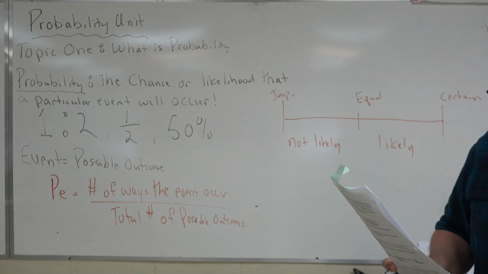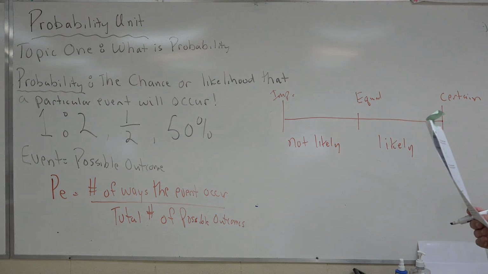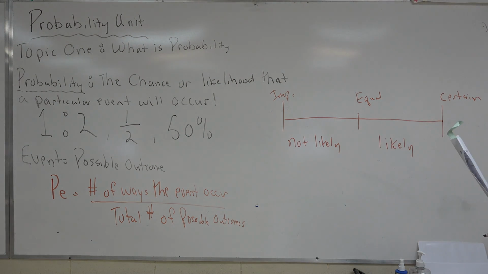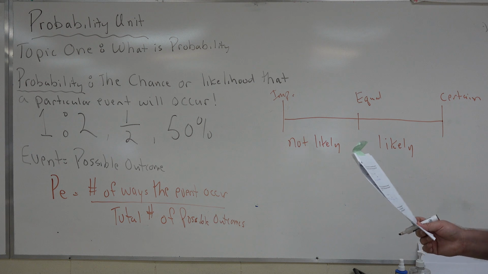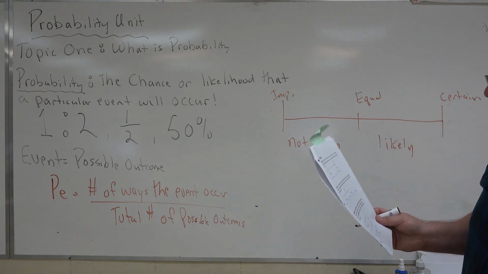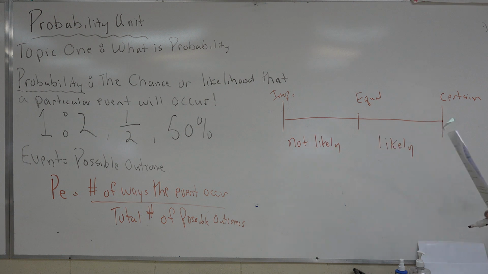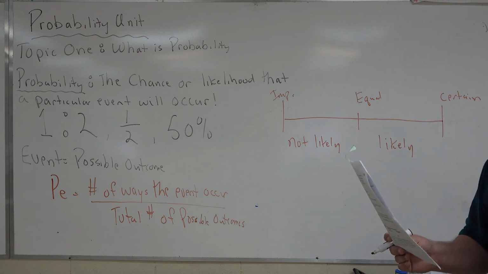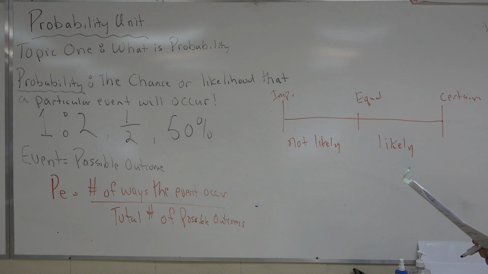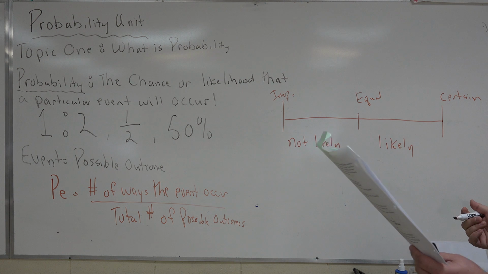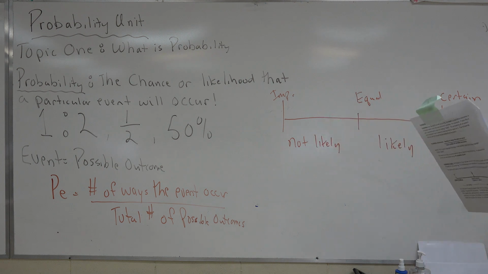Example 3. Somewhere in Manitoba, the temperature will reach at least 4 degrees Celsius once next year during the month of January. Represent this event on a probability scale. Now here's the thing. It's not impossible that, we'll say 2022 in January, we might get a +4 day. It's not impossible.